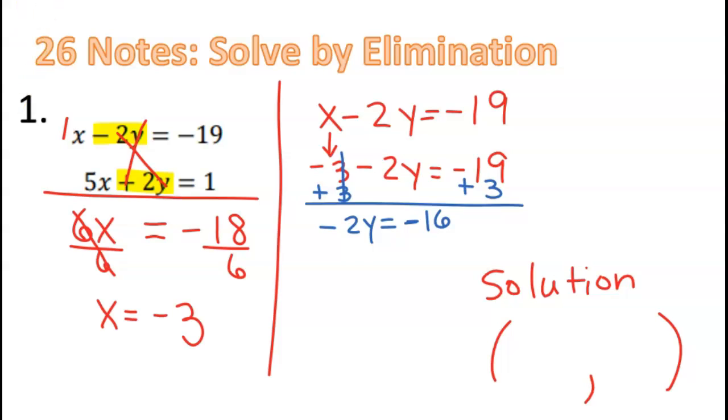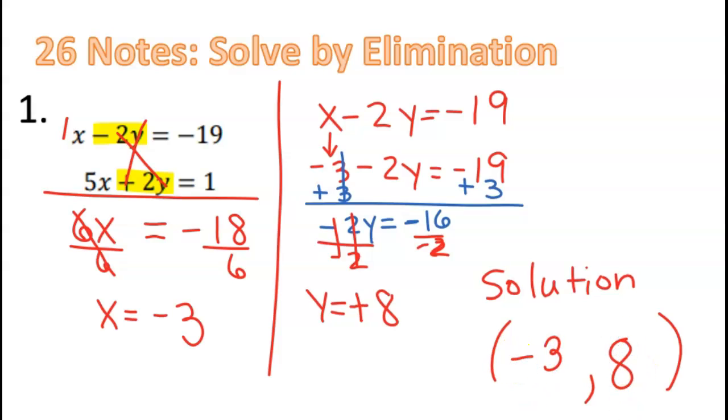And then we need to divide by negative 2 to cancel this out. And the negatives will cancel, and so that's going to be an 8. So this is going to be a negative 3, and this is going to be an 8.